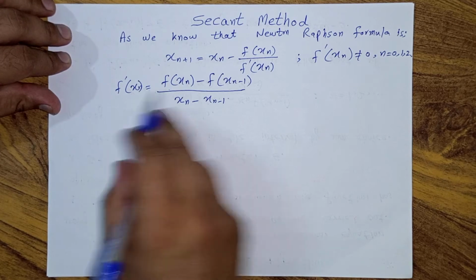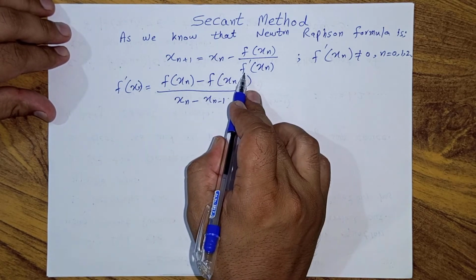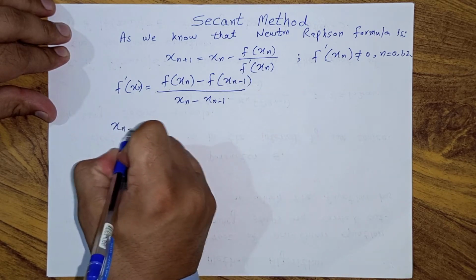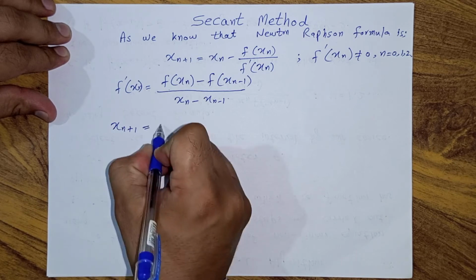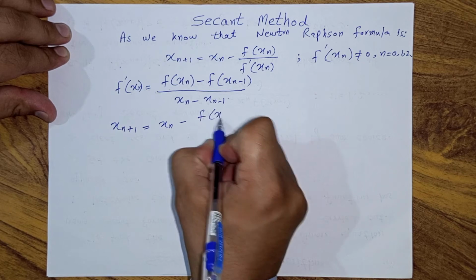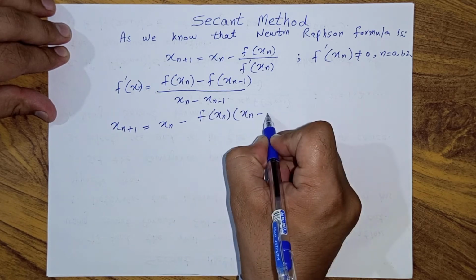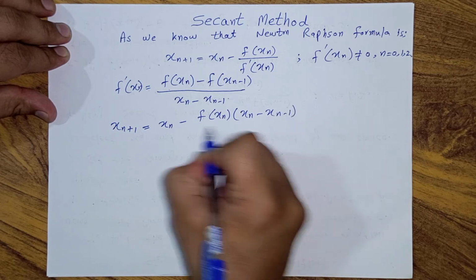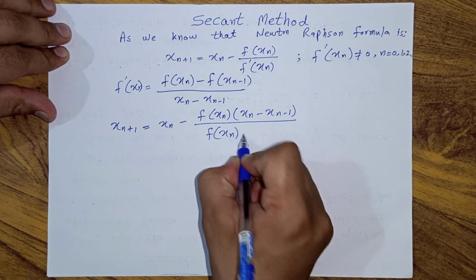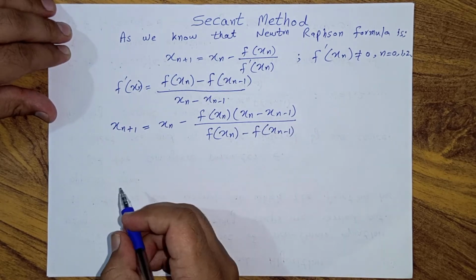Now putting this value of the derivative in the Newton-Raphson formula, we get x_{n+1} equals x_n minus f(x_n) times (x_n minus x_{n-1}) divided by f(x_n) minus f(x_{n-1}).